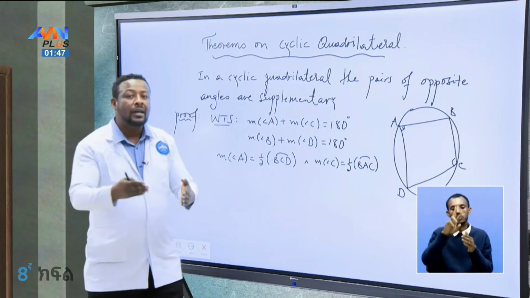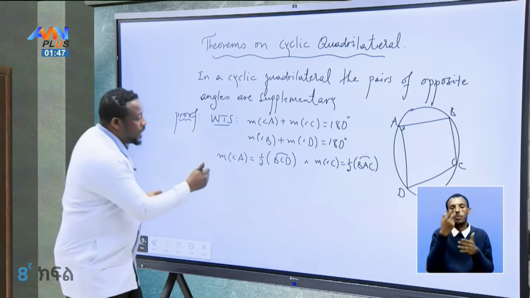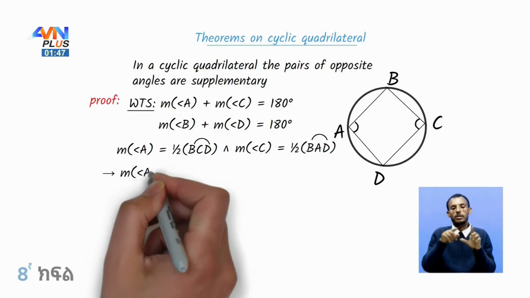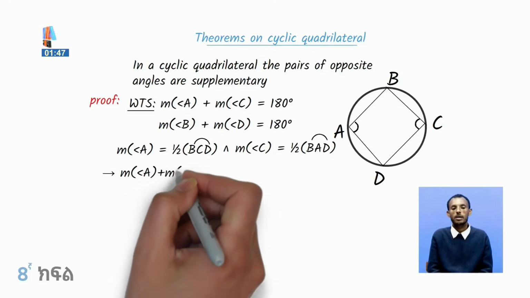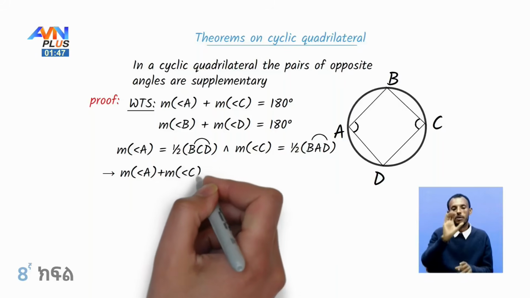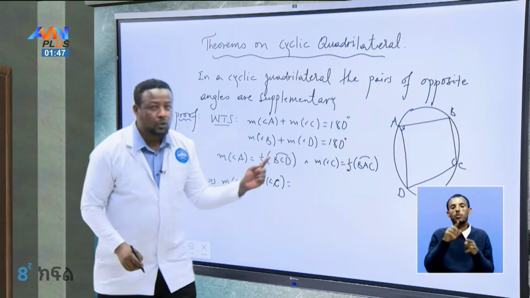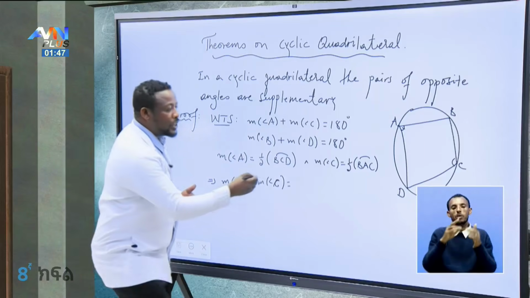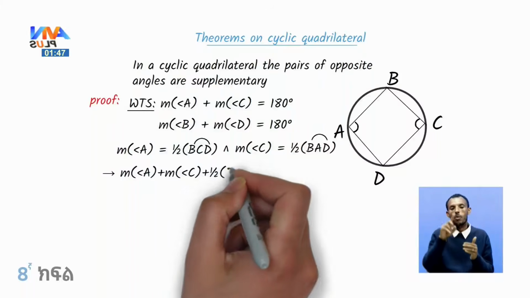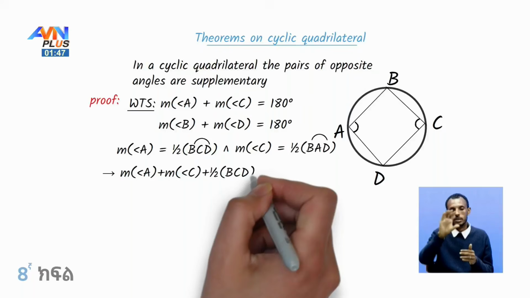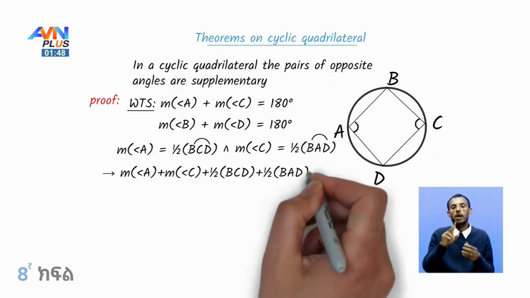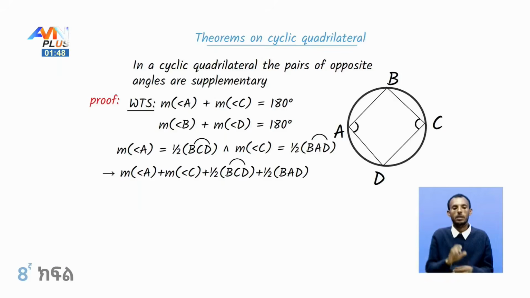The degree measure of angle A plus measure of angle C becomes half of arc BCD plus half of arc BAD.